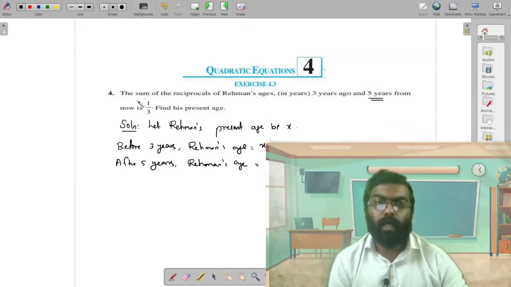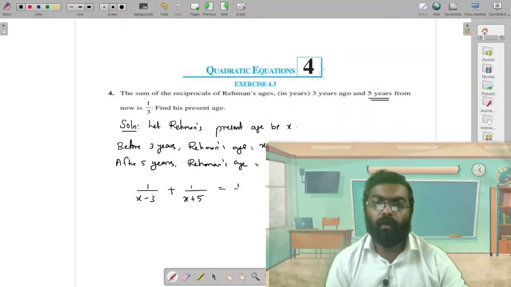Here it is given that the sum of the reciprocals of Rahman's ages 3 years ago and 5 years from now is 1 by 3. So we have to take the reciprocals of these two values, x minus 3 and x plus 5. On taking reciprocal, it becomes 1 by x minus 3 and 1 by x plus 5, and the sum will be equal to 1 by 3.